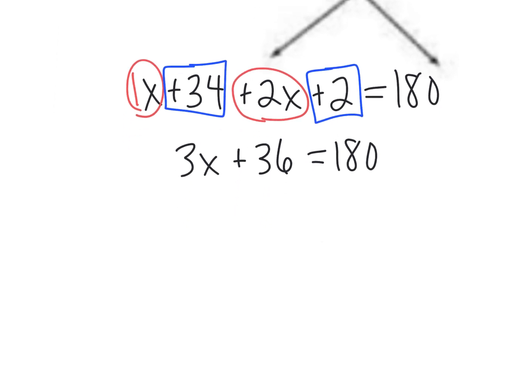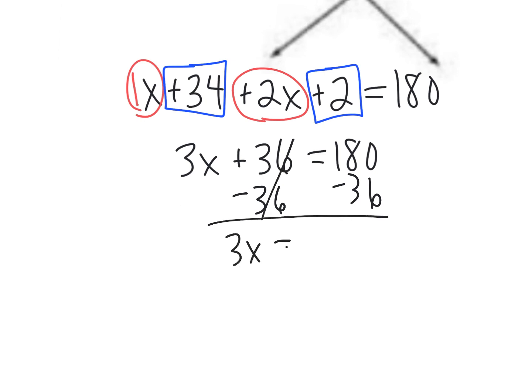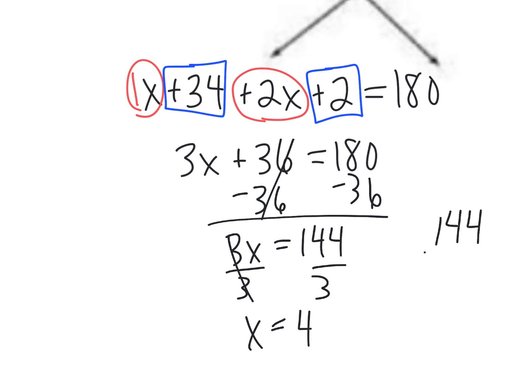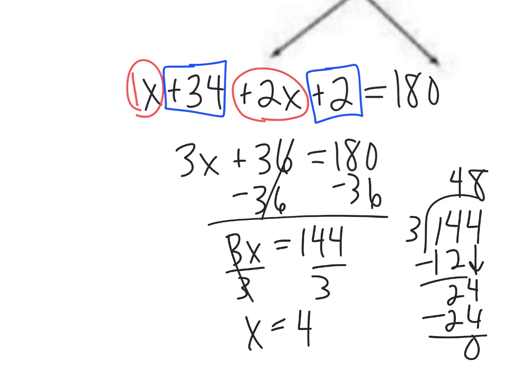And then to get the x term by itself, they're adding, so we can subtract 36. And then they're multiplying, so we can divide by 3. We could just divide that off to the side here. So from that, x equals 48.